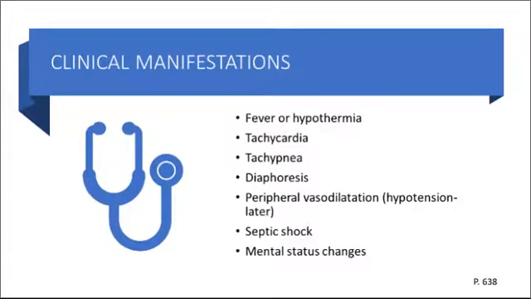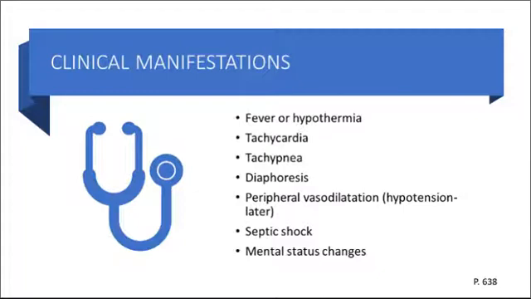Clinical manifestations: fever or hypothermia, tachycardia, tachypnea, diaphoresis. Hypotension is not a late sign, it's just not always present initially, because first the body starts to vasodilate because of the inflammatory mediators that are released.